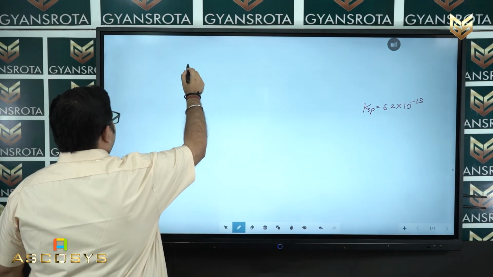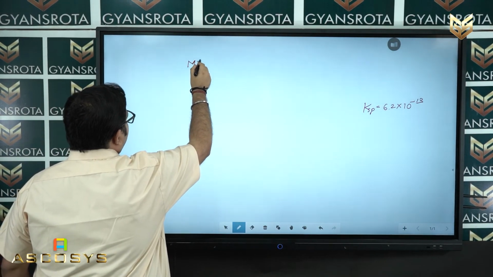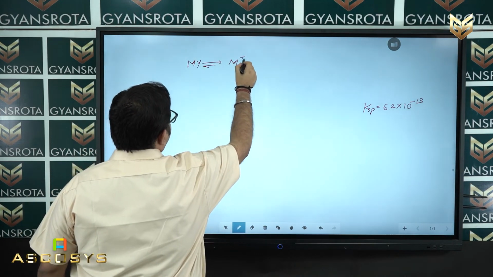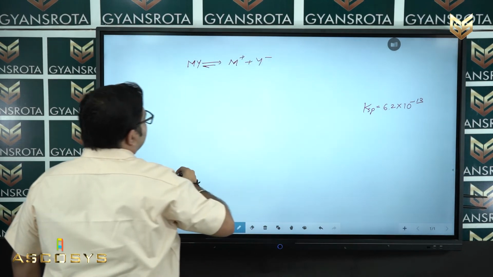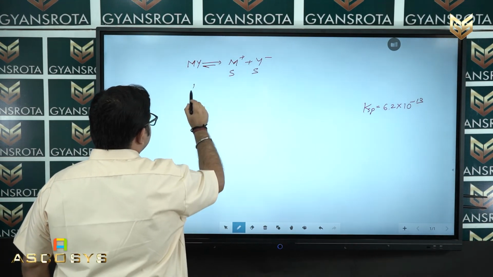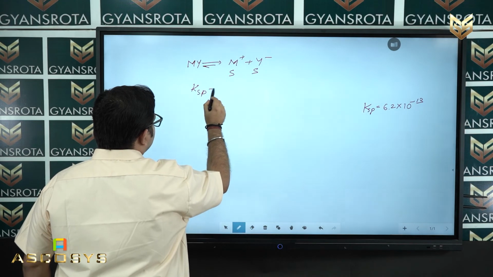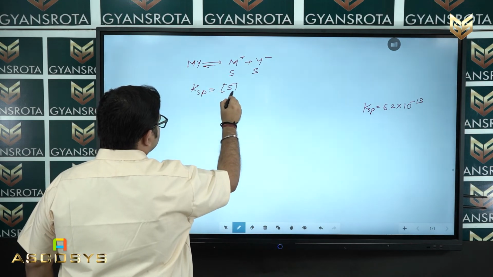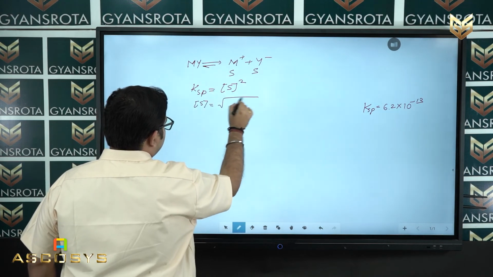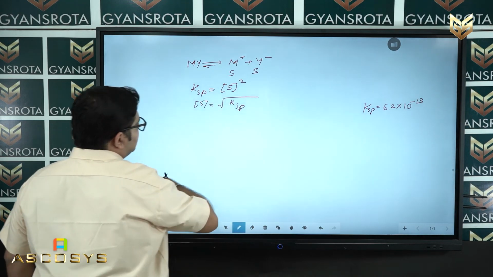If you see in the question, they have given MY, and it dissociates as M+ and Y-. So, let us take S mole per liter for each. What is the Ksp for this? It is S squared, and what is the value of S? Root over Ksp. Now, Ksp is given here as 6.2 × 10^-13.